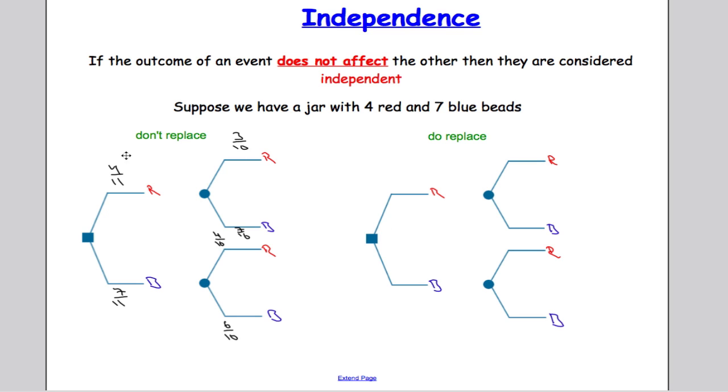Now here's the catch. We have to be able to fill in our diagram correctly, okay? So this first part is simply the probability that it's red, and this part is simply the probability that it's blue. Now this branch here actually represents the probability that it's red given that I chose a red the first time, and here it's the probability that it's blue given that I chose a red bead.